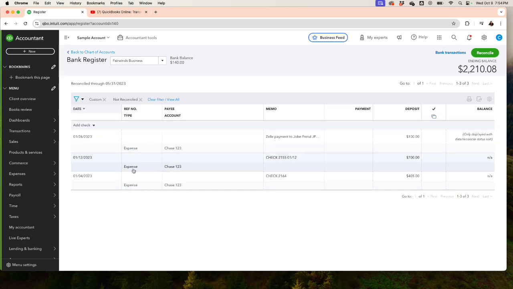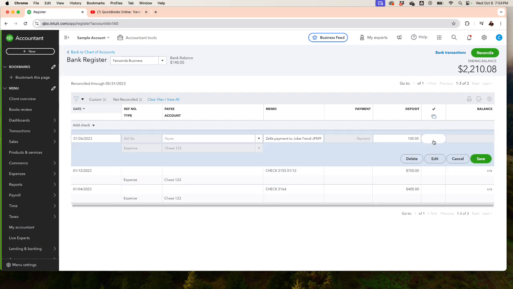Okay, so you'll see those transactions over here, and those are the transactions that, in other words, we had to undo the reconciliation because it was incorrectly reconciled. So we brought it back to for review. We categorized it correctly. So what you need to do in this case is just click on the little box here and manually reconcile those transactions.